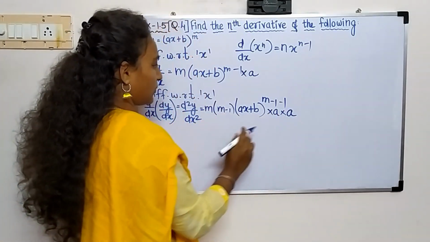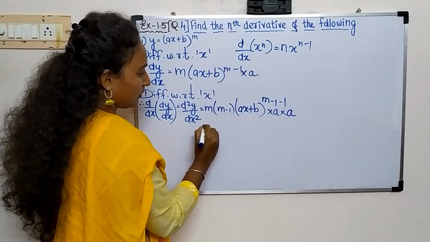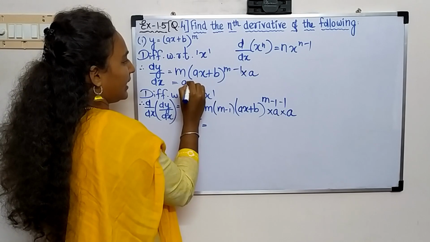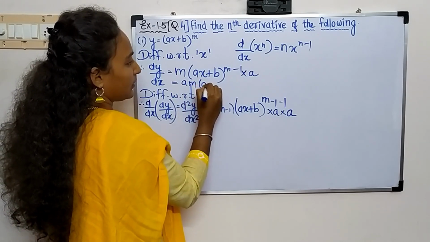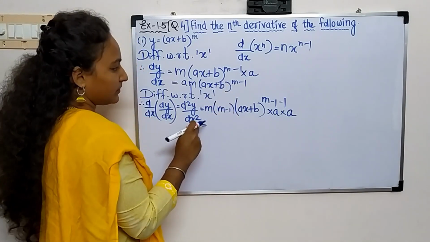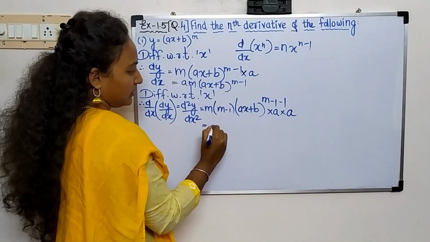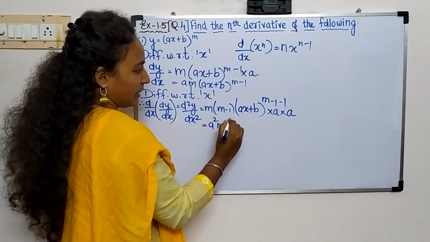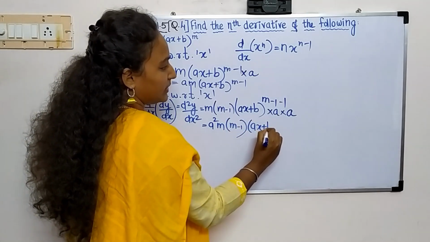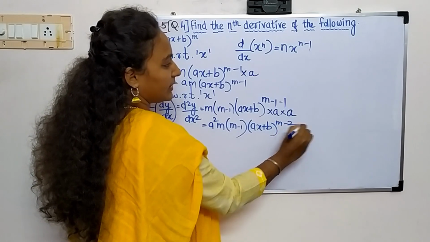This will be a square. This is equal to a m (ax plus b) raised to m minus 1, and this is a square m into m minus 1 (ax plus b) raised to m minus 2.